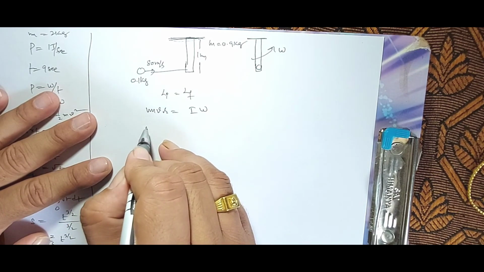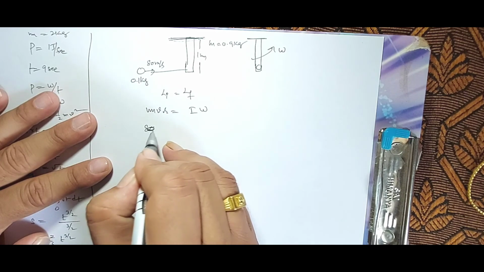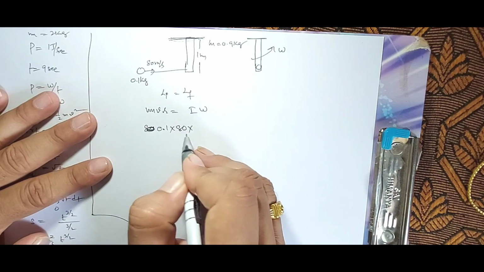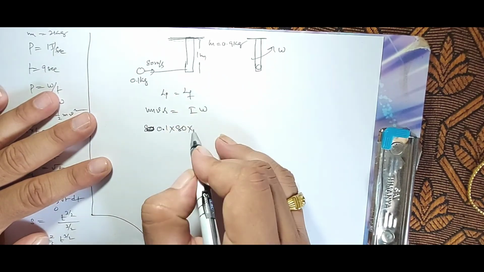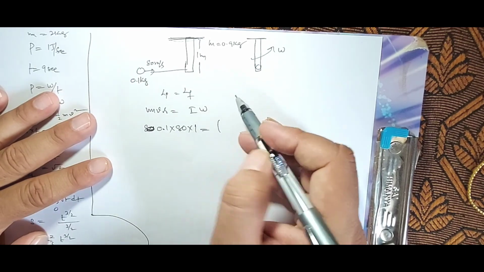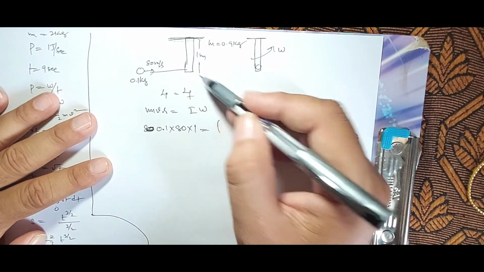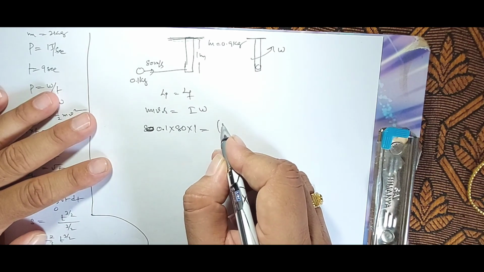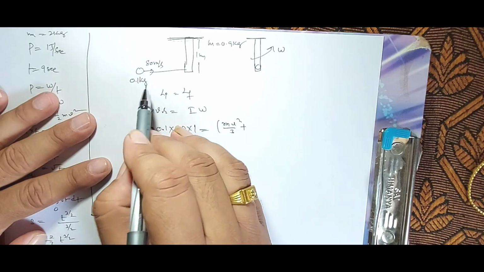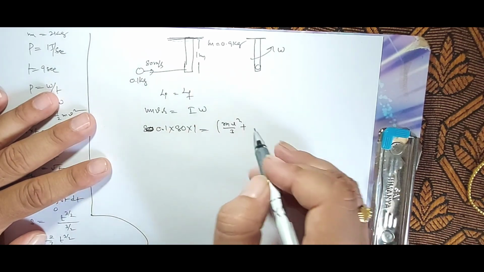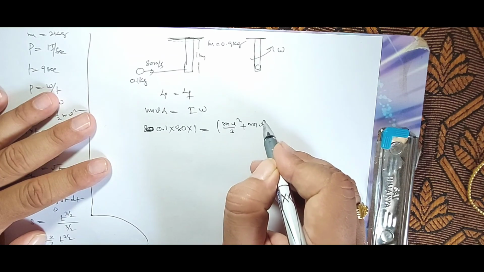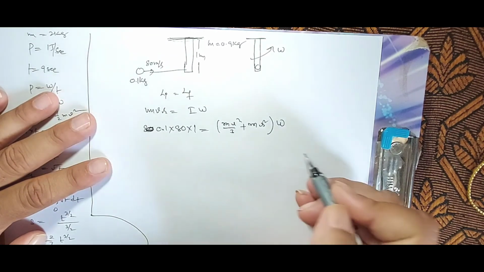M means 0.1 kg into V means 80, R means this is 1 meter, is equal to I. Moment of inertia of a rod about one end, that is equal to ml square by 3, plus moment of inertia of this particle, that is equal to mr square, into omega.